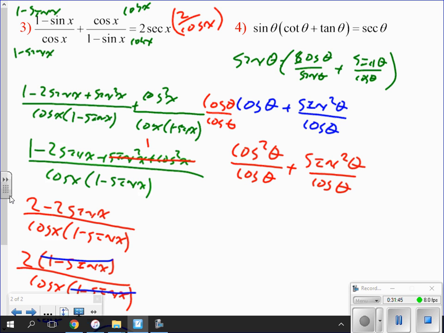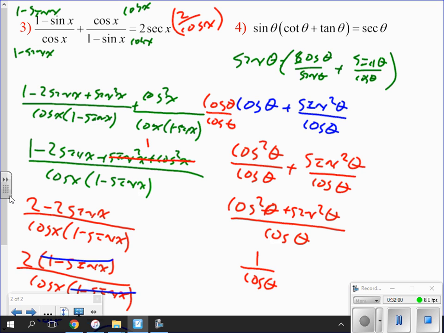Put them together. Cosine squared theta plus sine squared theta over cosine theta. 1 over cosine theta. And that equals the secant theta.